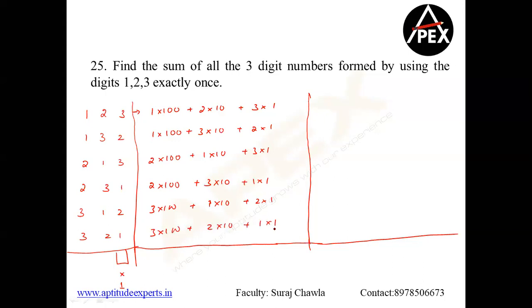Now if I want to simplify, let's look at my hundreds place. If I take a 100 common and I also take a 2 common, because I have 2 into 1, 2 into 2 and 2 into 3, right? Can I write 100 into 2 into 1 plus 2 plus 3? Is this point clear with all of us?